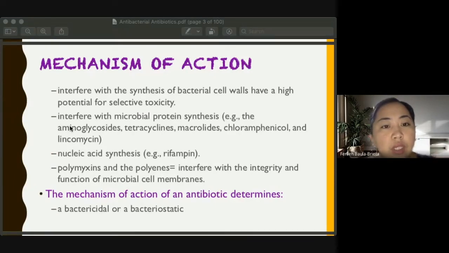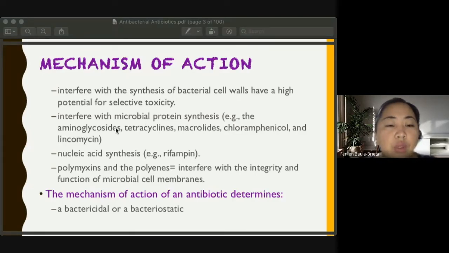Another mechanism of action is interference with microbial protein synthesis. They will stop or delay protein synthesis, or translation, resulting in slowing down of bacterial proliferation, or bacteriostatic activity. Examples are aminoglycosides, tetracycline, macrolides, chloramphenicol, and lincomycin.